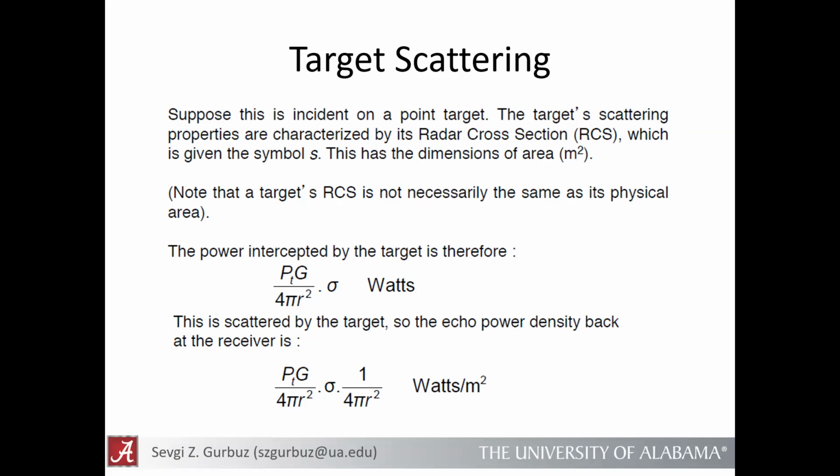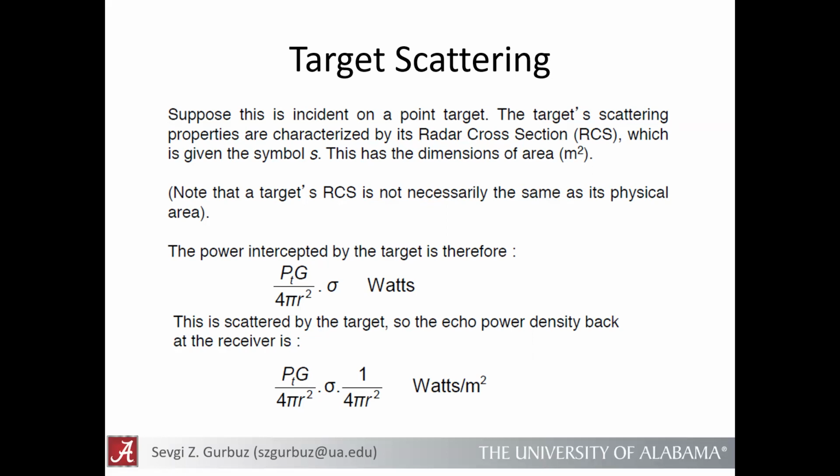The radar cross-section has the symbol sigma, and it has dimensions of area, typically meters squared. And usually what we can consider nominally is that sigma multiplies with this power. Usually it's going to be less than 1, and it's going to multiply into the amplified power density that we're talking about.